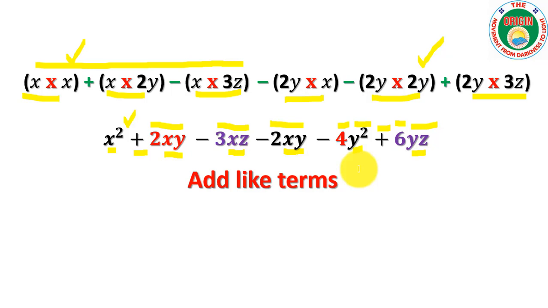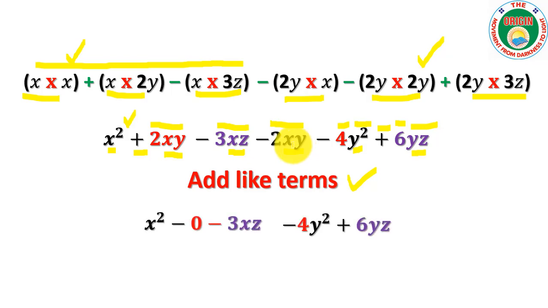If you find any like terms, you should add them. Now I did the addition. The like terms are 2xy and 2xy: plus 2xy and minus 2xy. Plus 2 minus 2 is 0.